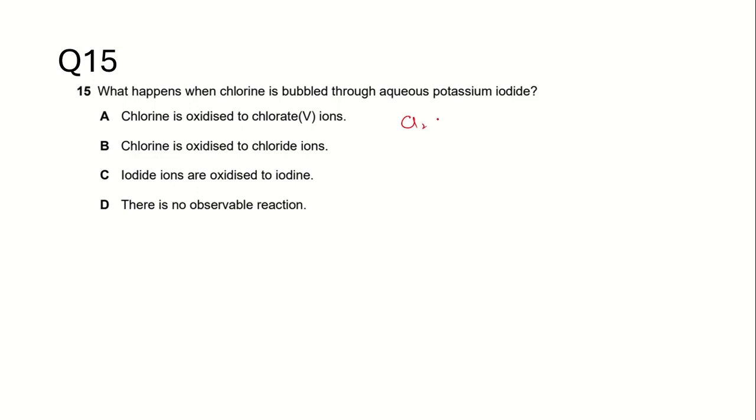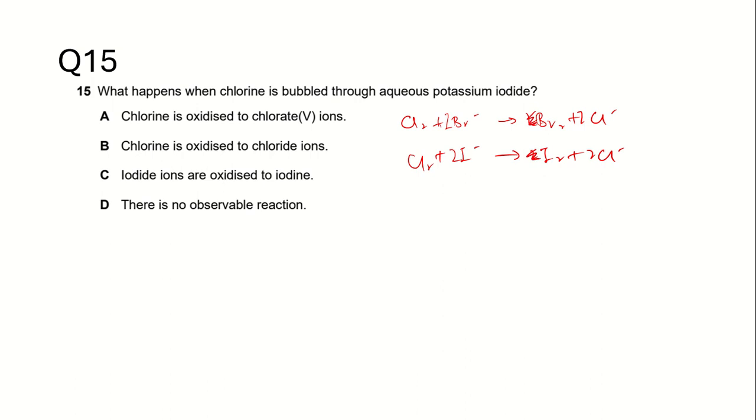Chlorine can oxidize bromide ion, can oxidize iodide ion, all the halide ions below chlorine in group 17. Okay, so when they are oxidized, they form the elements, and chloride ions are also formed.